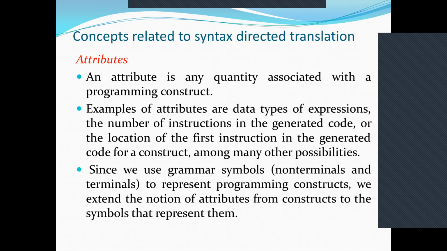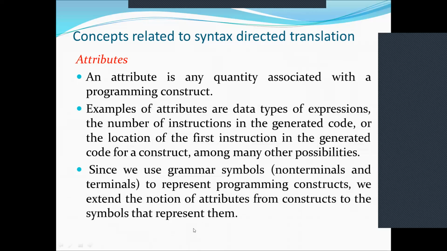Similarly, here also, when you talk about any quantity or any component entity in programming, we talk about the attribute. It can be any of these values. Since we use grammar symbols, meaning either the terminals or the non-terminals, to represent the programming constructs, we extend the notion of attributes from constructs to the symbols that represent them.